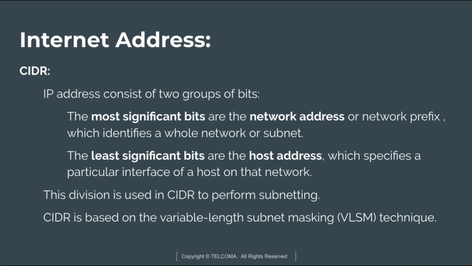VLSM is a process of dividing an IP address space into subnets of different sizes without wasting IP addresses. Here we are not using the subnet masks defined earlier, like /8, /16 and /24. An example of a CIDR IP address is 192.168.1.160/30.